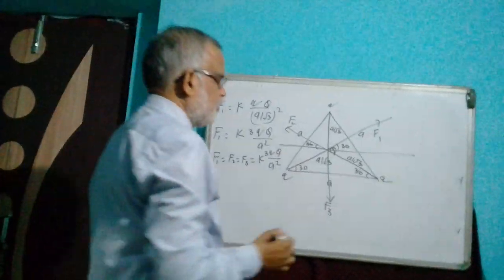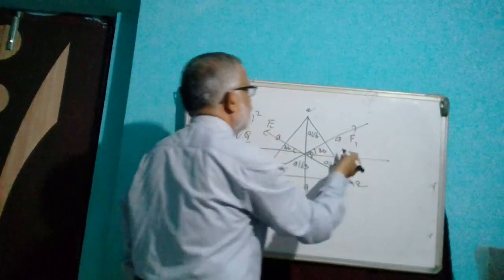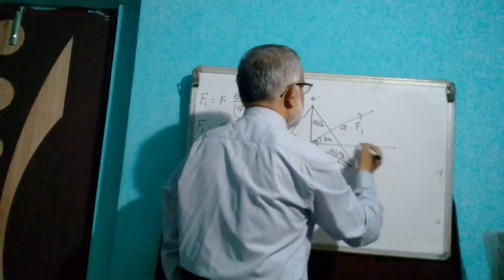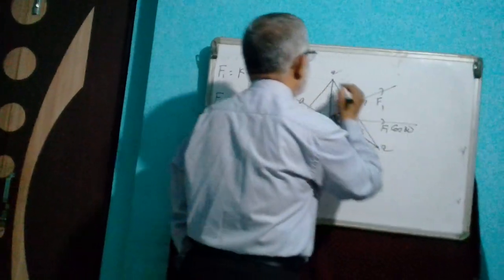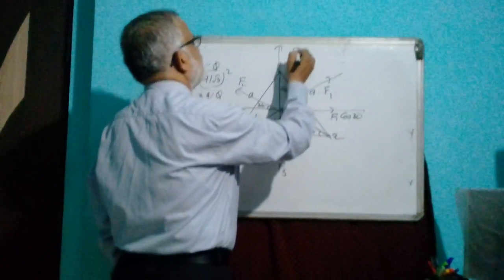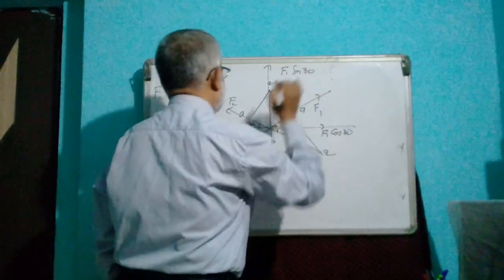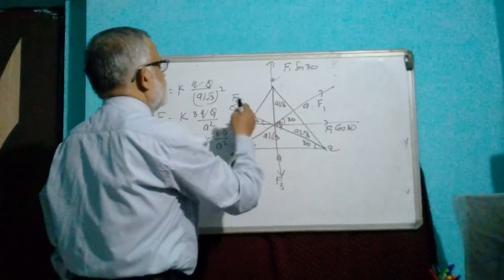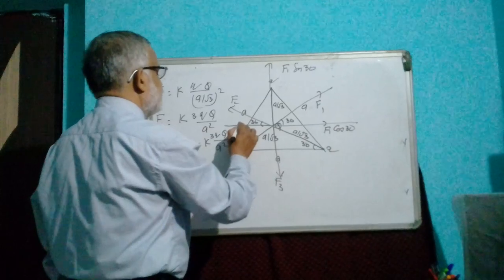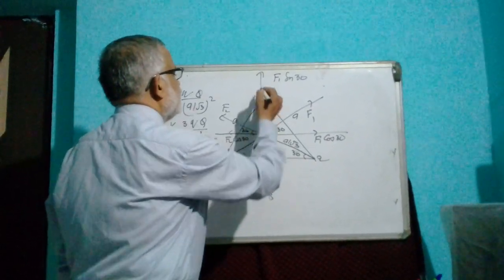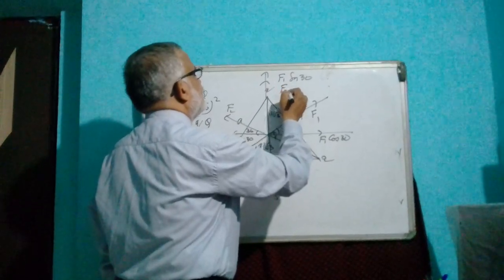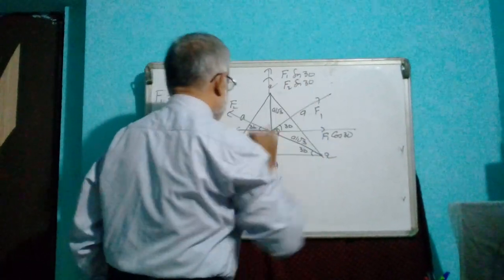Taking the components of the forces, the component of force F1 along the x direction is F1 cos 30, along the y direction F1 sin 30. Taking the components of force F2, along the x direction F2 cos 30, along the y direction F2 sin 30.